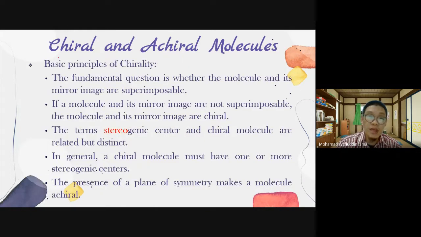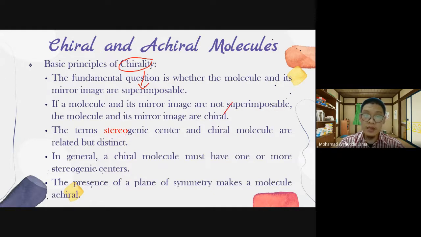Basic principle of chirality: the fundamental question is whether the molecule and its mirror image are superimposable. When you look for chirality in a molecule, the idea is whether the mirror image is superimposable or not. If a molecule and its mirror image are not superimposable, the molecule is chiral.